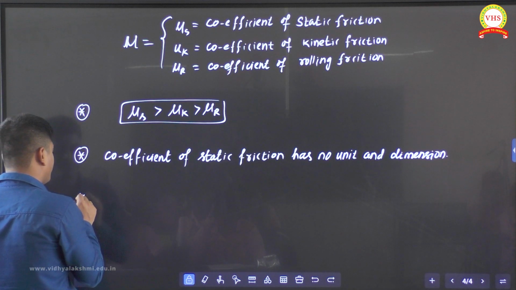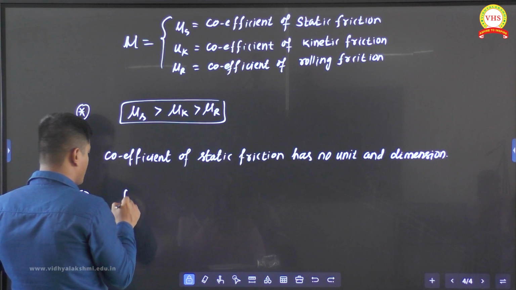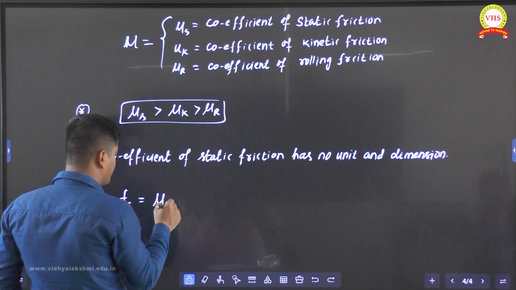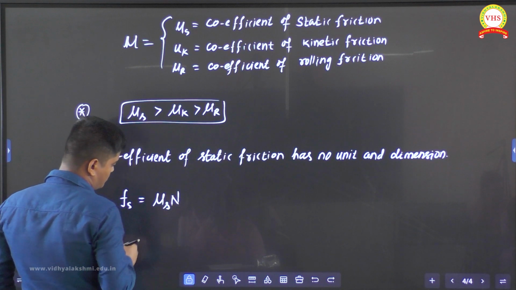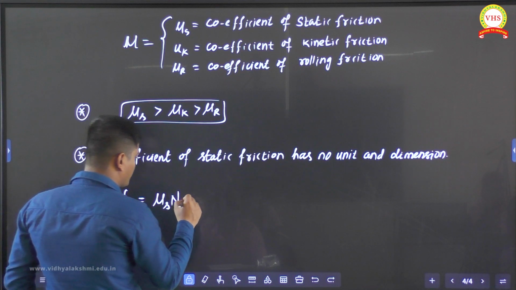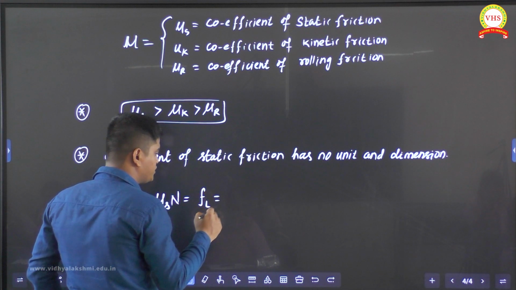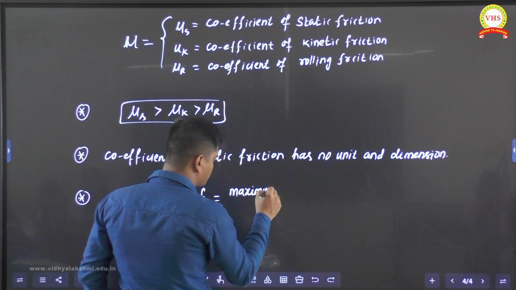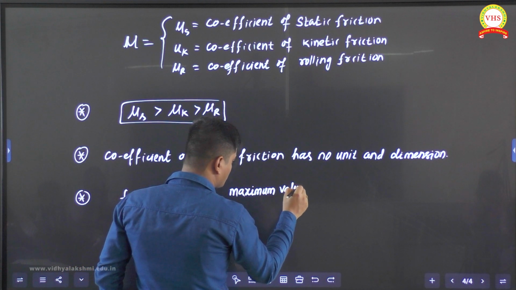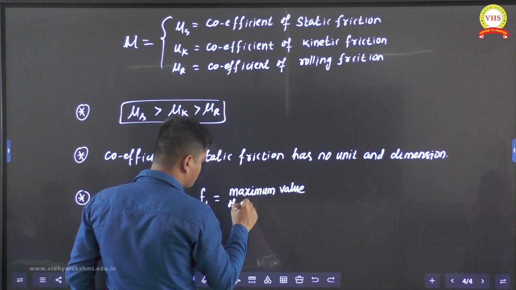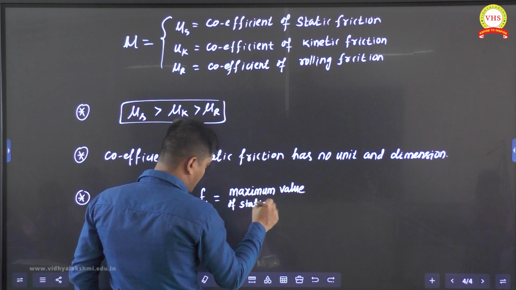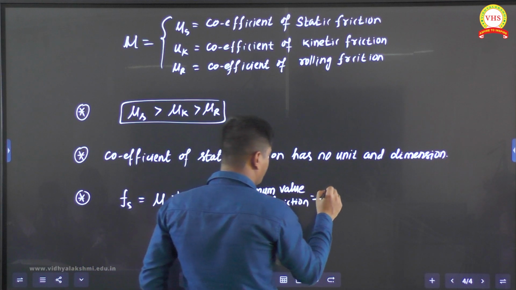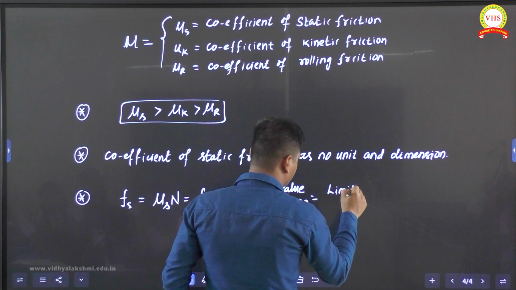Write down. And here another star mark point. I'll write one term, Fs. Fs is basically mu s into N. Or that one I'll call Fl, which is the maximum value of static friction, or it is basically called limiting friction.